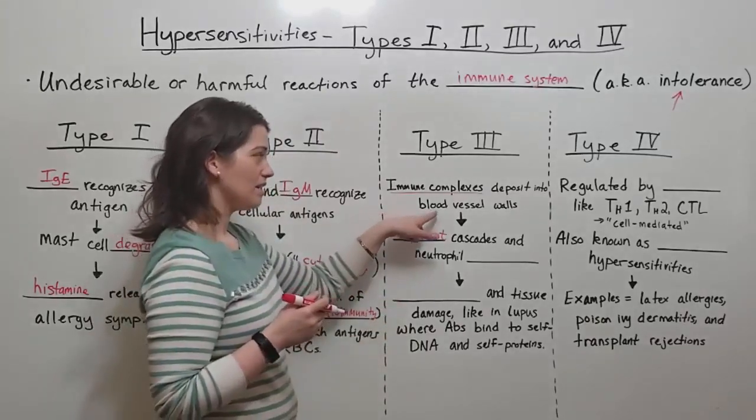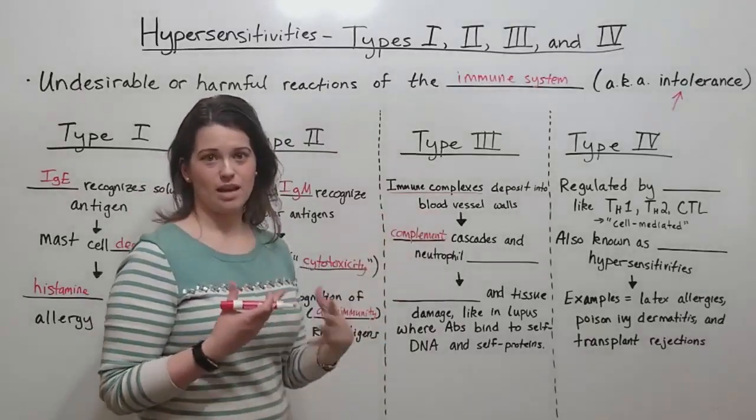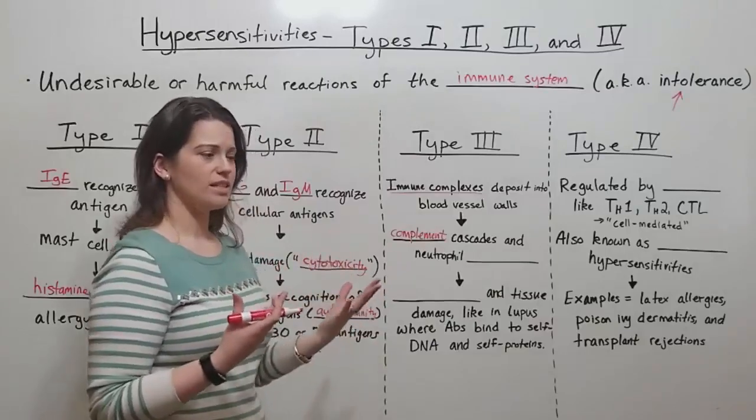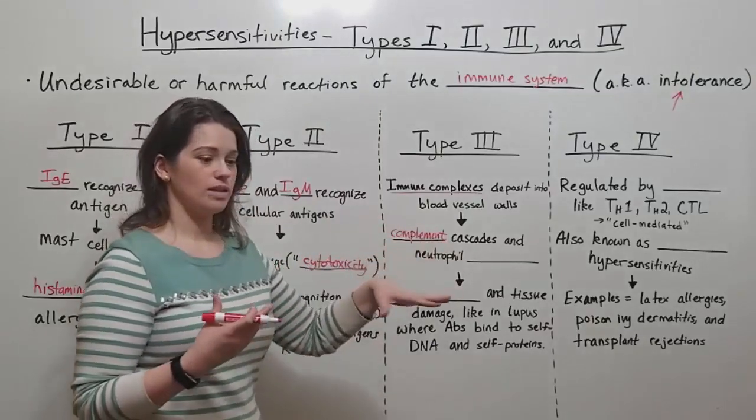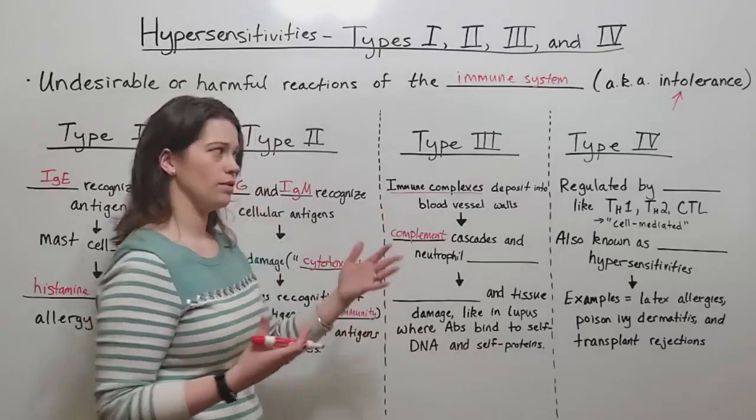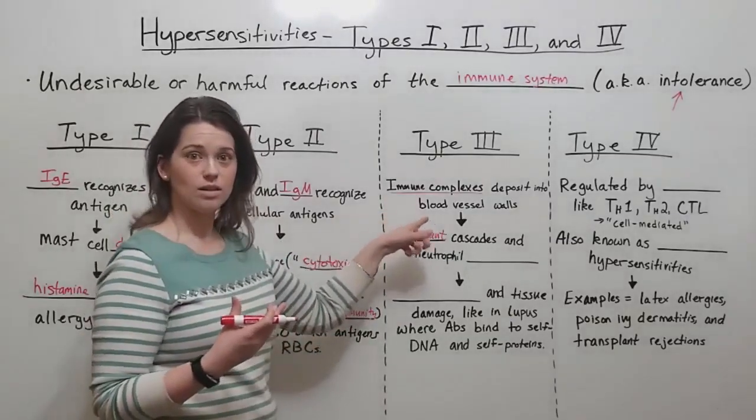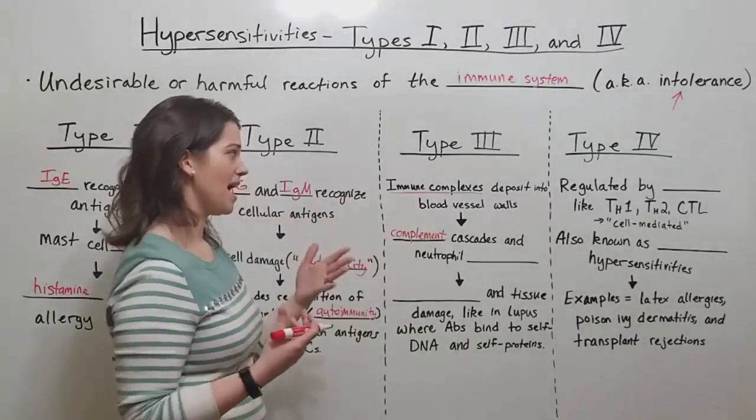And when this is happening in the body to host cells rather than to pathogens. When complement cascades result in the death of pathogens, that's a good thing. When they result in the death of host cells, like in type 3 hypersensitivities, that's a bad thing.